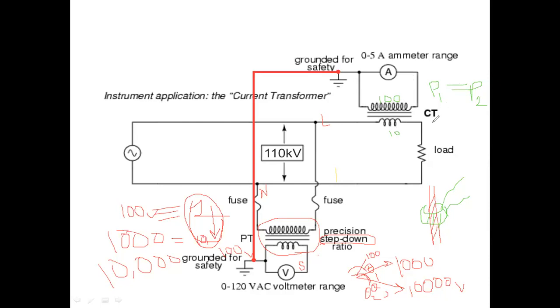Say P1 equal to V1 into I1 into power factor cos phi, and here V2 I2, and the power factor is the same, cos phi or cos theta, whatever it may be.